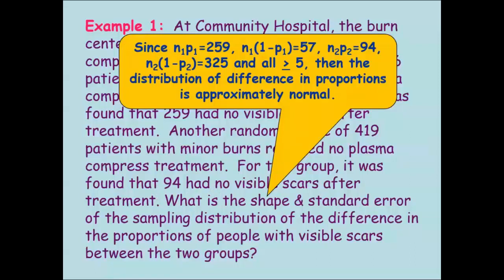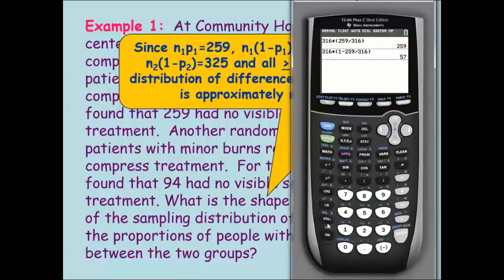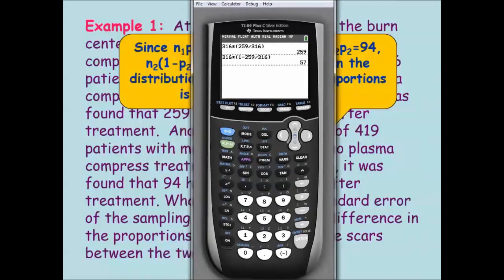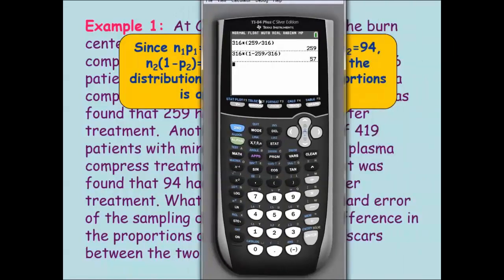And then I guess it's worth showing the 325, so let me pull up the calculator again. For the second sample, we had 419. That's that number right there. So 419 times the 94 divided by 419, and we get 94. Yay!